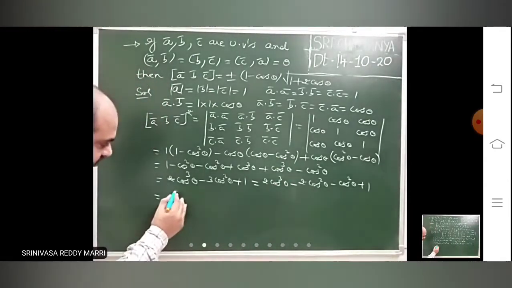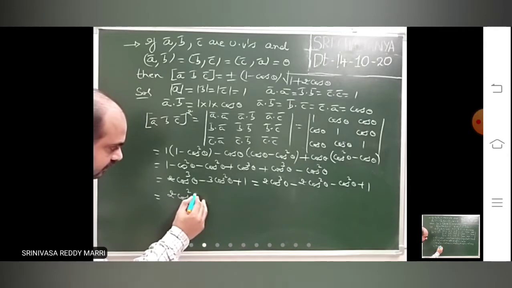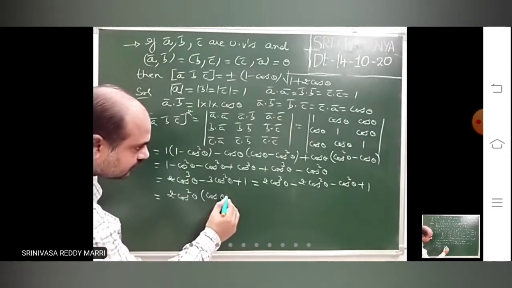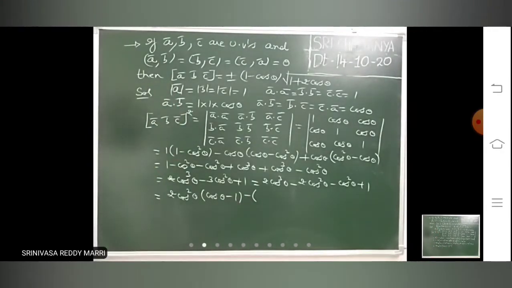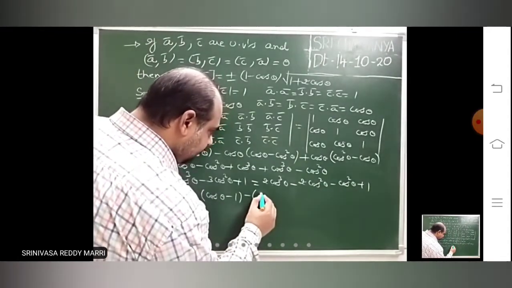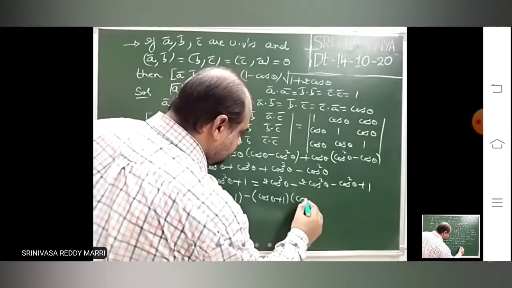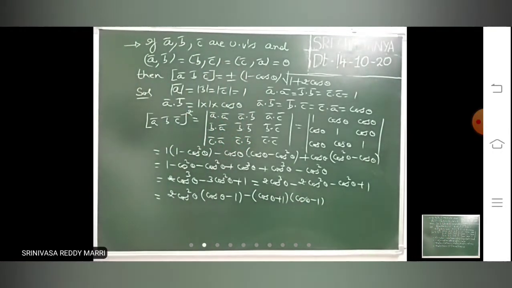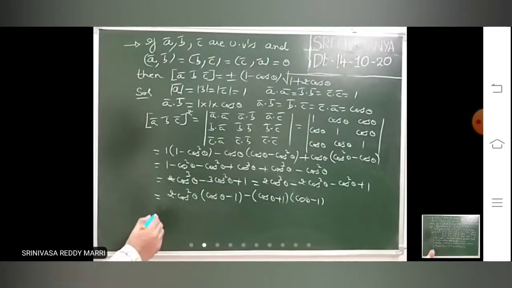From the first two, take 2 cos square theta common into (cos theta minus 1). From the rest, minus (cos square theta minus 1), which is a square minus b square, can be written as (cos theta plus 1) into (cos theta minus 1).